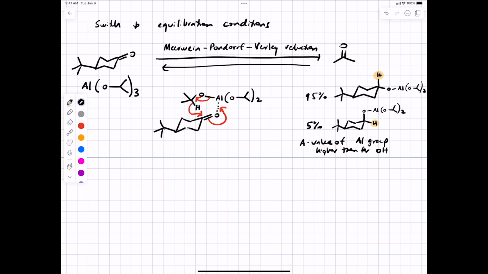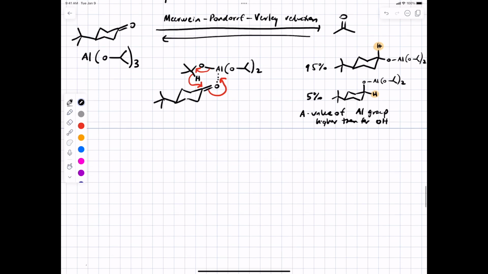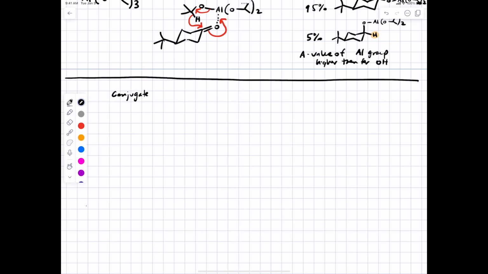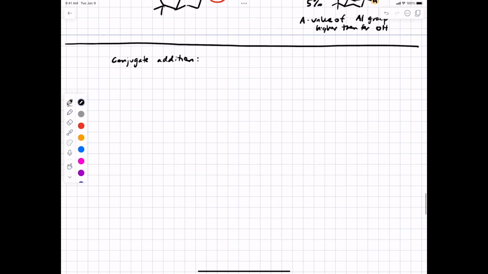Want to take just a minute to talk about conjugate addition reactions. Your text calls this nucleophilic addition to olefins, but I'm just going to call it conjugate addition. You've encountered this before. You can think of this as nucleophilic addition to an alkene or an olefin, where one of the groups on the alkene is an electron withdrawing group.